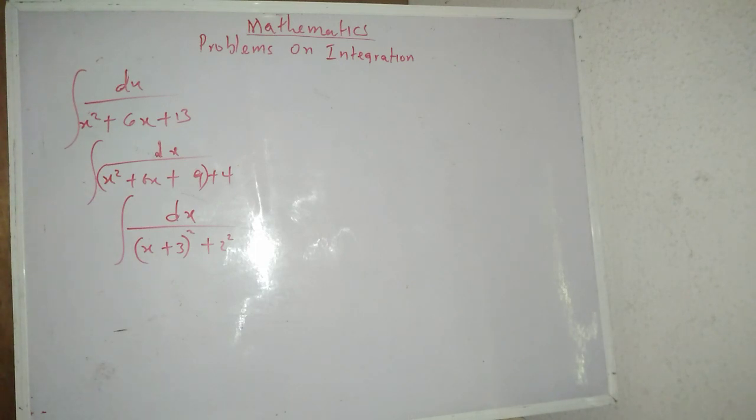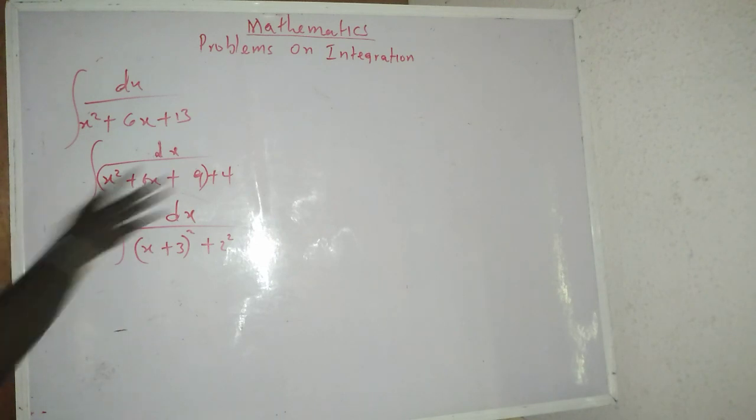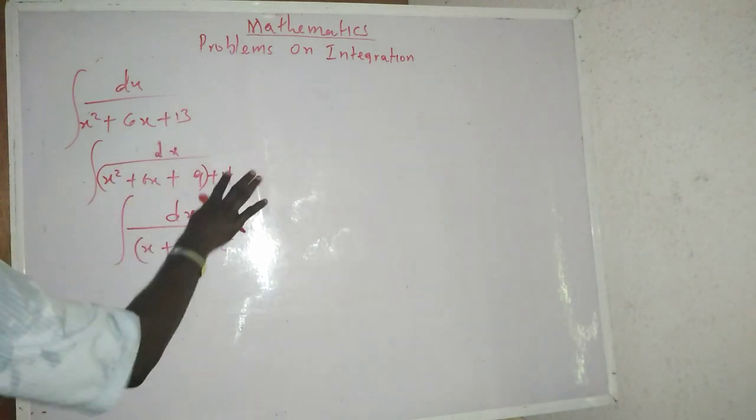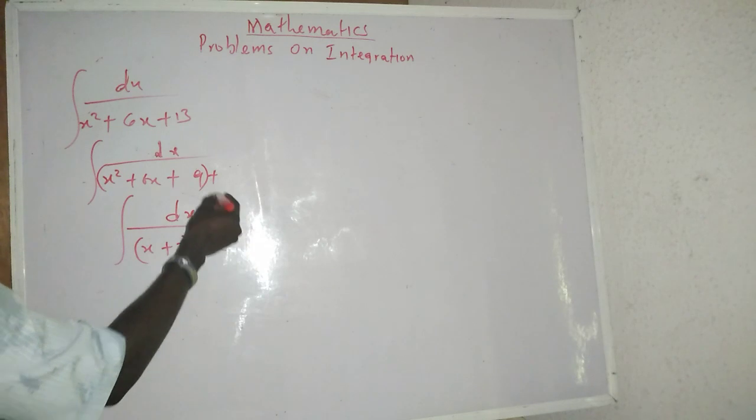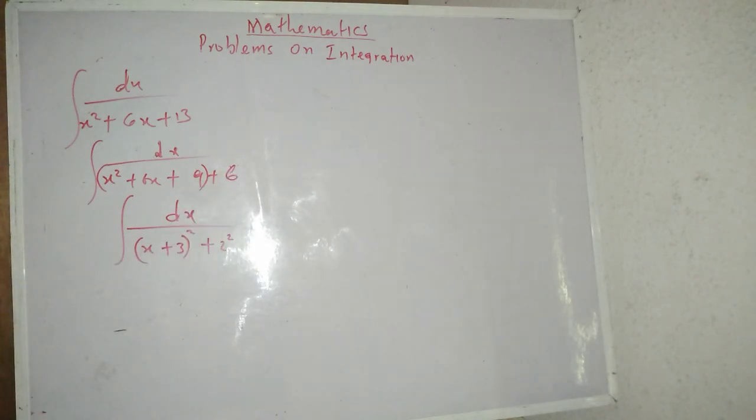Sorry, what am I doing? This should be plus 4, not plus 6. If I have 13, I have 9 plus 4.